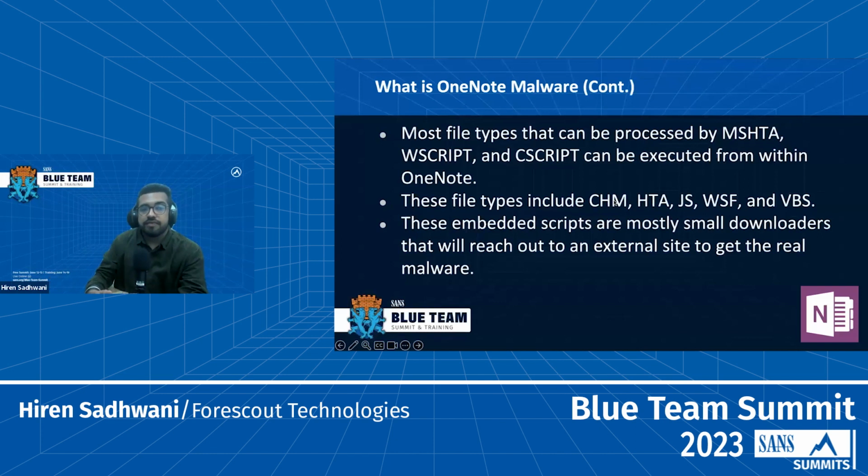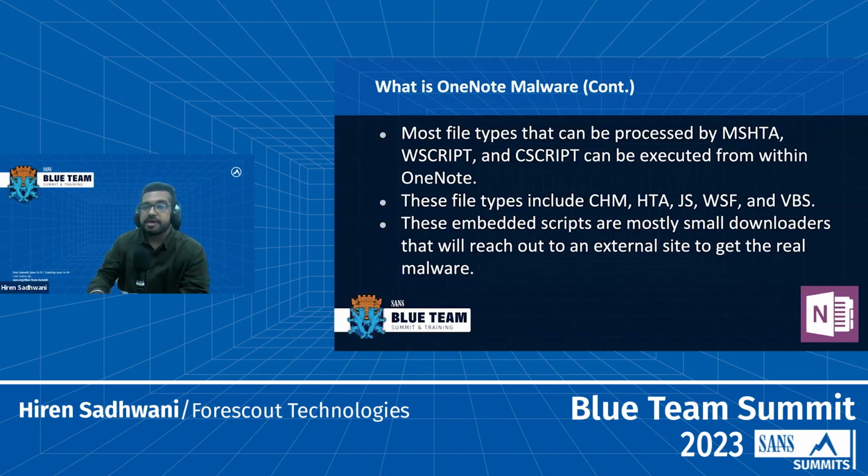So OneNote can execute and launch multiple LOLBins. It can use MSHTA and scripts. It can launch any other file type, any other LOLBins, to be used for malicious purposes. These LOLBins are executed from within OneNote. Some of the file types used are CHM, HTA, JavaScript, Windows script files, VBS, batch files, and multiple other file types that can be executed within OneNote files.